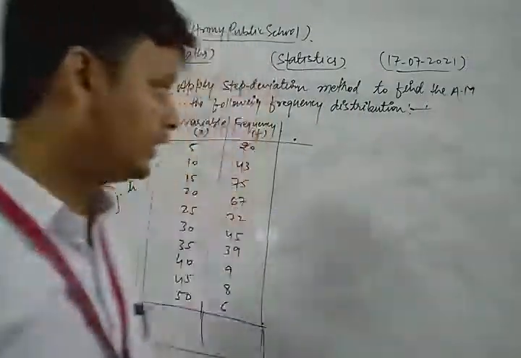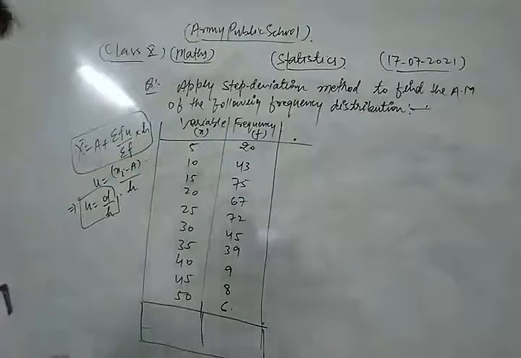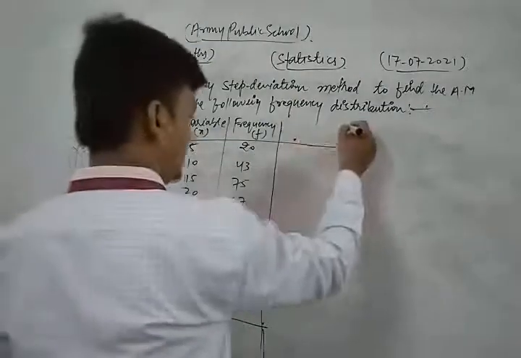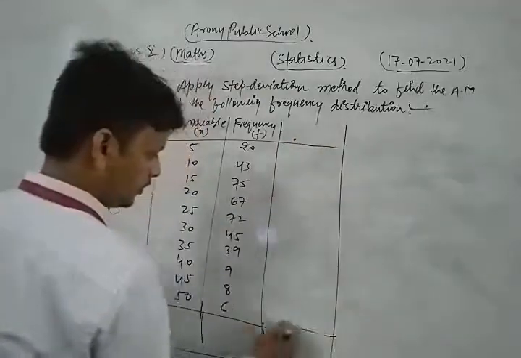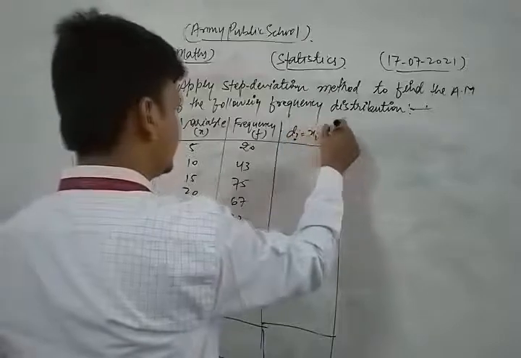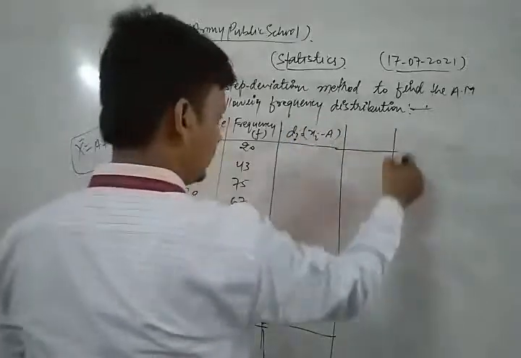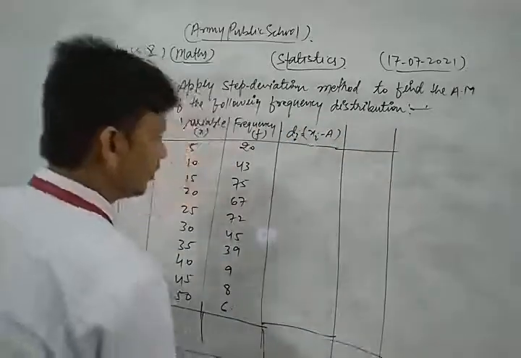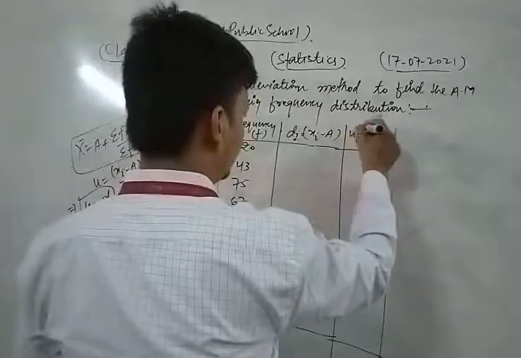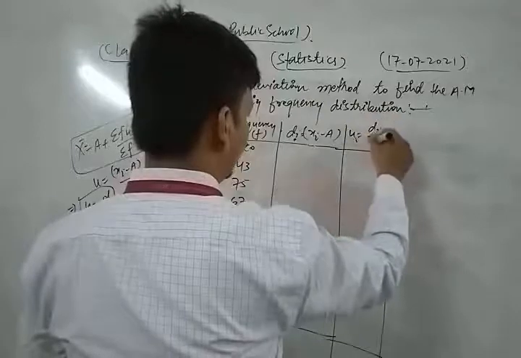So first of all, we calculate the value of each d_i, that is each x_i minus a. Then we write the column for finding the value of u, which is u_i equals d_i upon h.